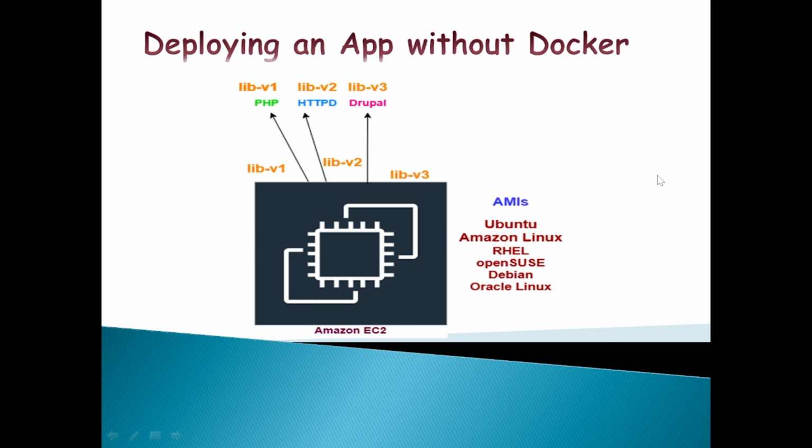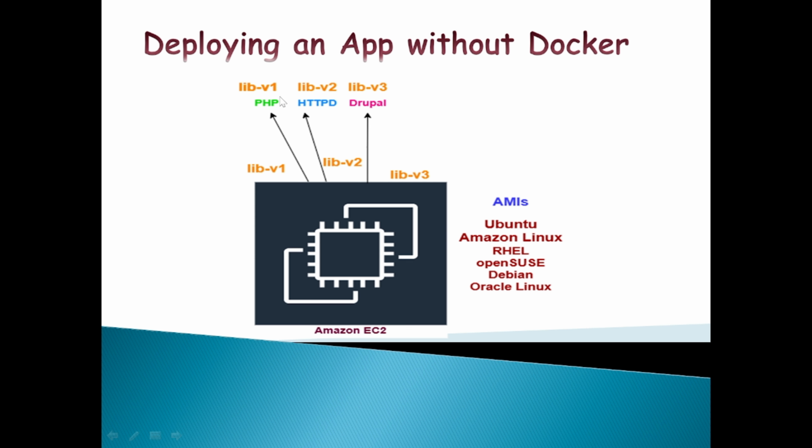As you can see on the screen, this was the project, and let me explain this. I took one AWS EC2 instance running Amazon Linux AMI, and on top of it, I was trying to install 3 different packages: PHP, HTTPD, and Drupal as part of the main application stack to host a WordPress website.